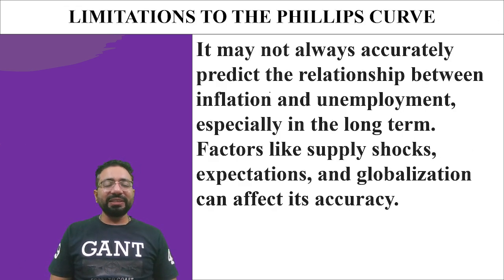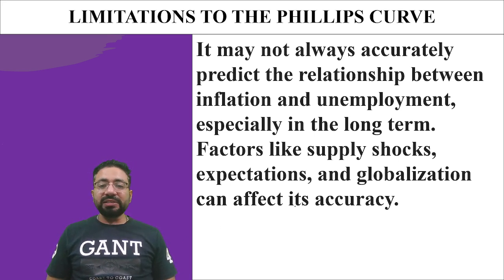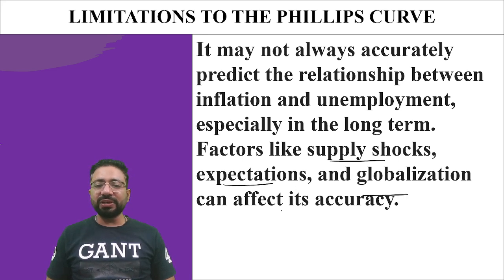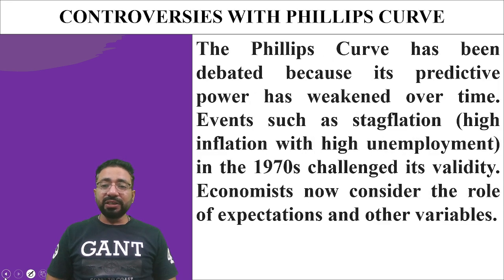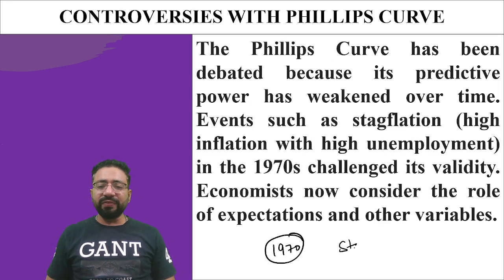But it may not predict accurately. Why? Because in the long run, several factors work: supply shocks, expectations, globalization, and they can affect its accuracy, as took place during the 1970s when the concept of stagflation came into being.